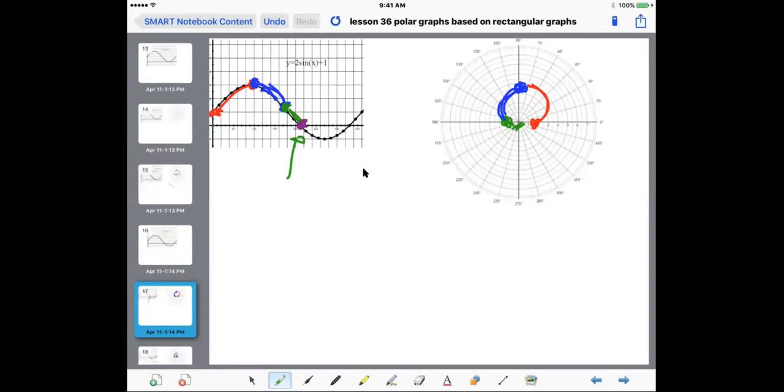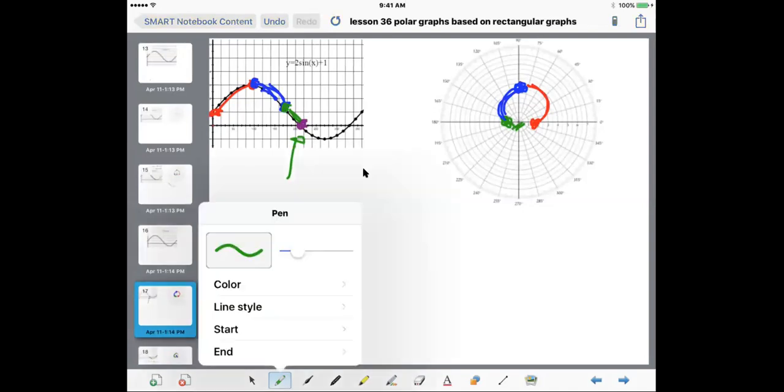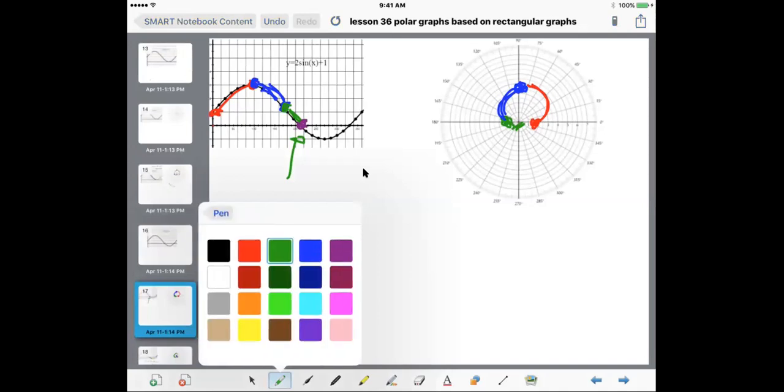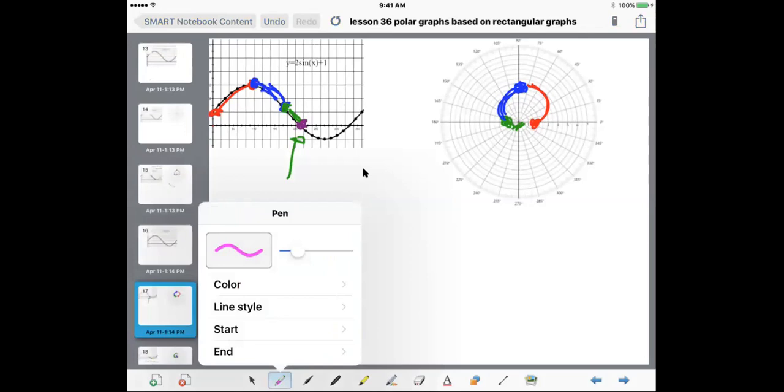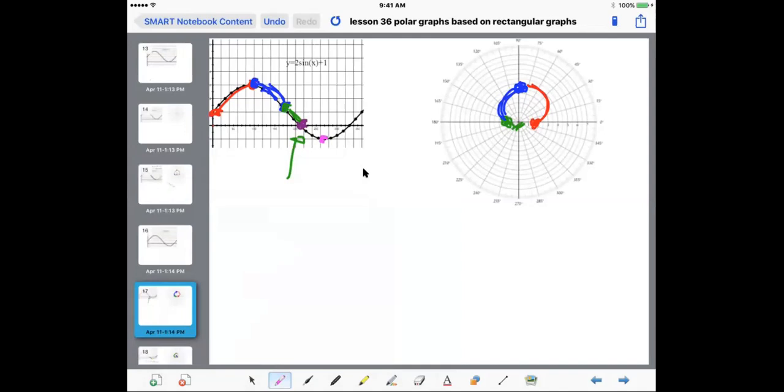And now that it's at the center, it does get a little confusing right here. I'm going to make this point here this other kind of purple color. So that one is at 270, -1. So that point is going to be right here.